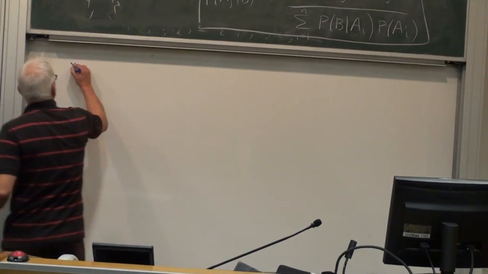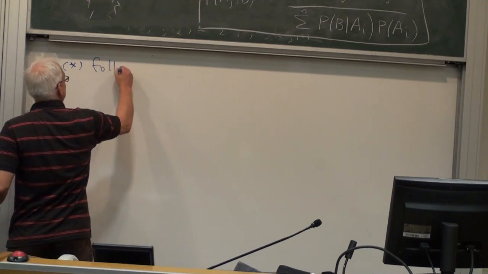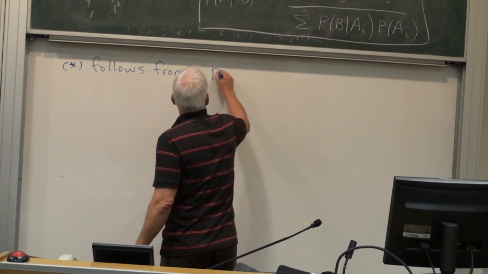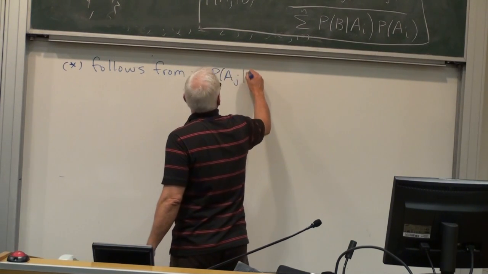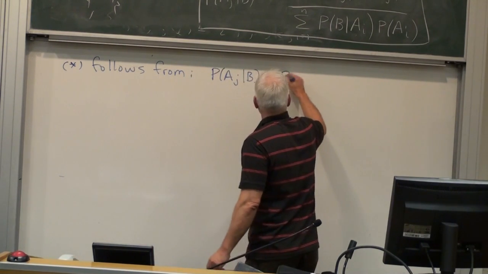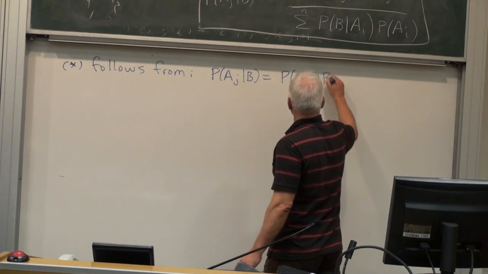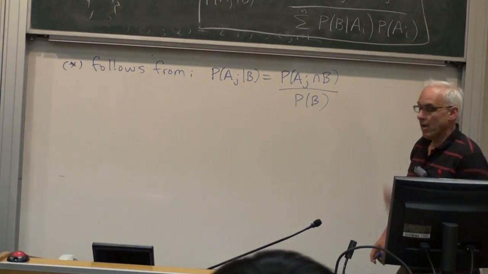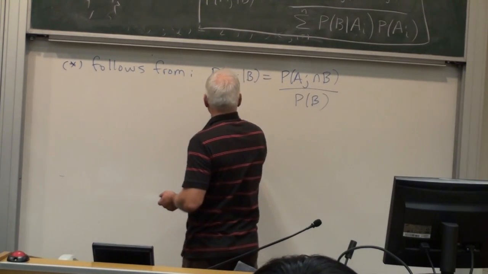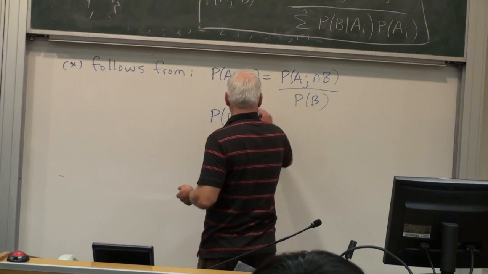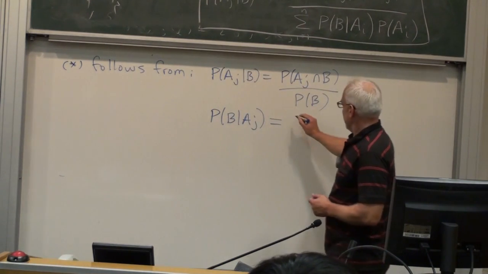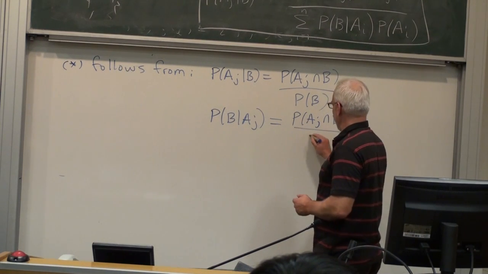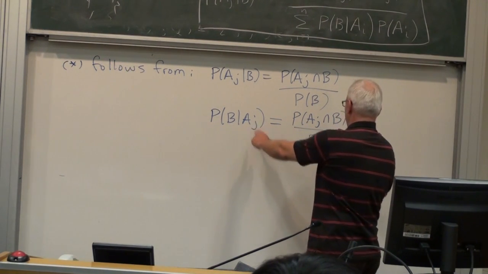So star follows from, well, the probability of AJ given B is by definition the probability of AJ intersect B divided by the probability of B. While the probability of B given AJ is, again, the probability of the intersection divided by the probability of the second one, AJ.